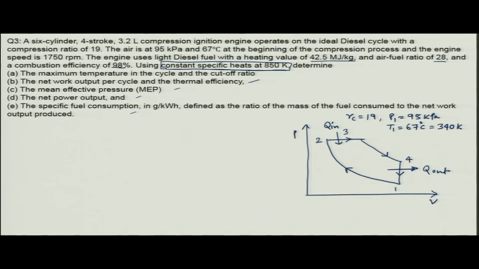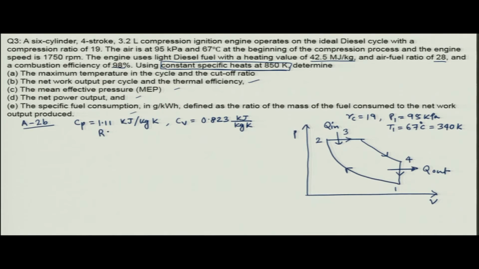So, for that we have to refer to the property table, which is in St. John and Bowles. You have to refer to table A to B, and there at 850 Kelvin you can find Cp as 1.11 kilojoule per kg Kelvin and Cv as 0.823 kilojoule per kg Kelvin. Okay.